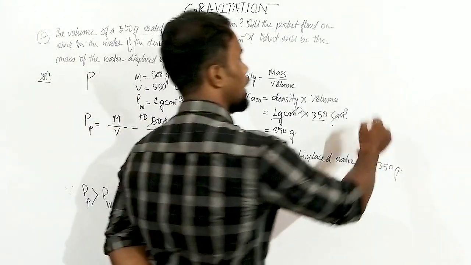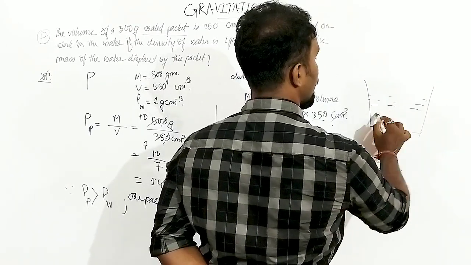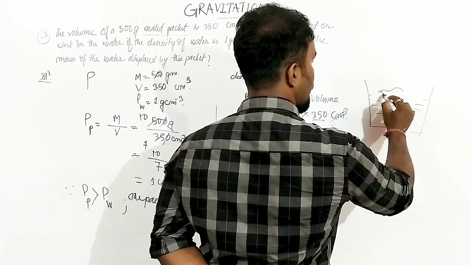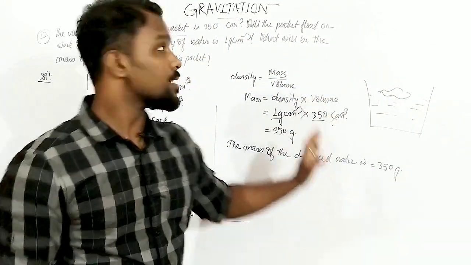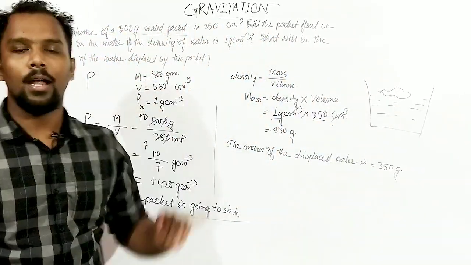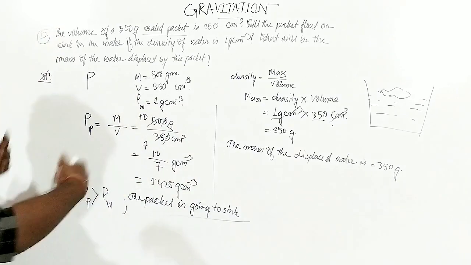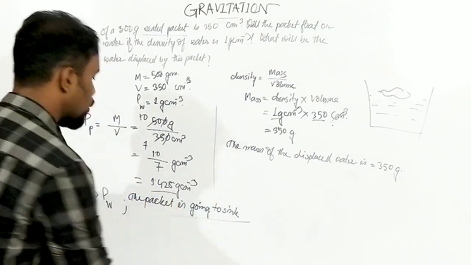Okay, so that's the fact. To understand that, consider a bucket full of water, and an object packet with a mass of 500 gram and a volume of 350 centimeter cube. We can calculate the density of that packet: we get 1.428.